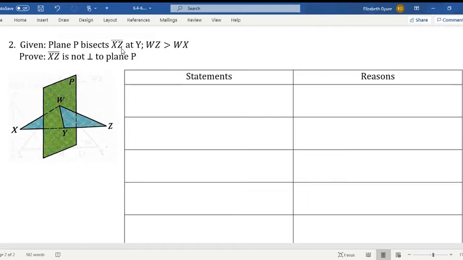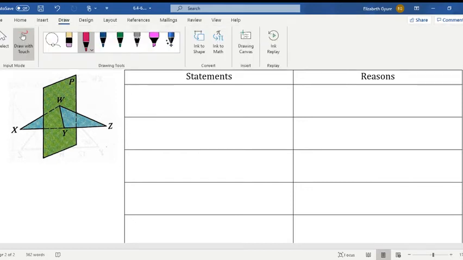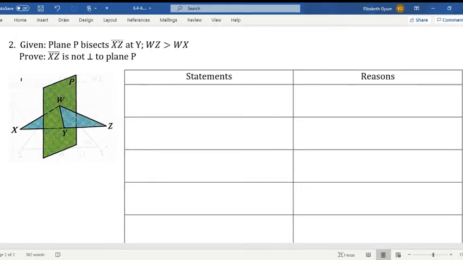That's precisely what we need to do. Very good. Awesome. So let's go ahead and throw our given in there. So we are going to say that plane P bisects segment XZ at Y. So think about what that's going to tell you as we go through and write this.